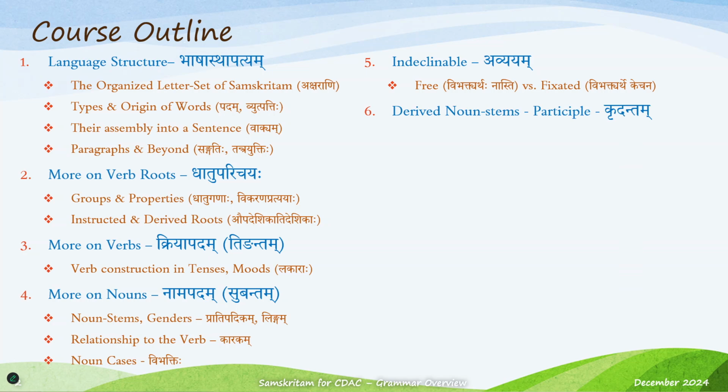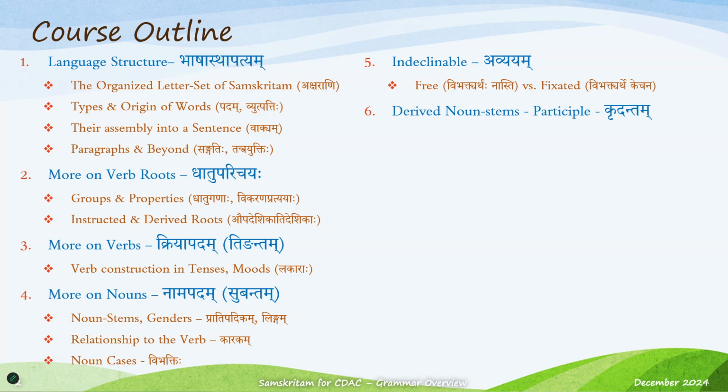Then we will look at a vast world where we move from dhatu to nouns using derived noun stems. More than 90 percent, 95 is said actually, of the nouns of Samskritam come from dhatus only.